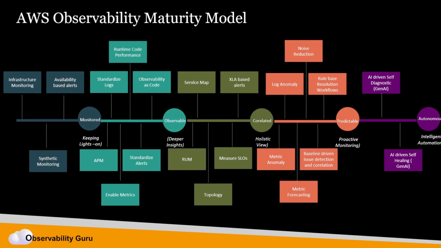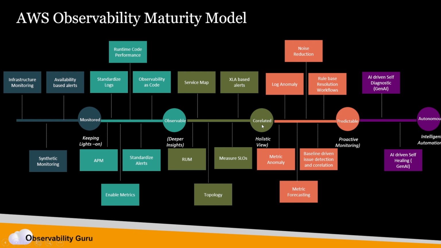So coming back to my observability maturity model again, just to give a quick overview. We have monitored, which is about keeping lights on, and then we have observable, which is about deeper insight, metrics, logs and traces, and standardized alerts.